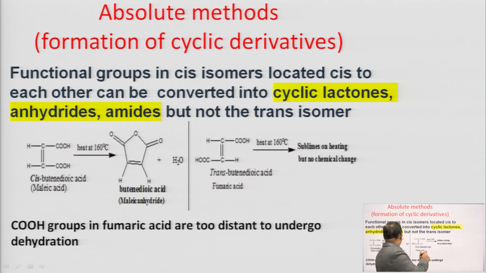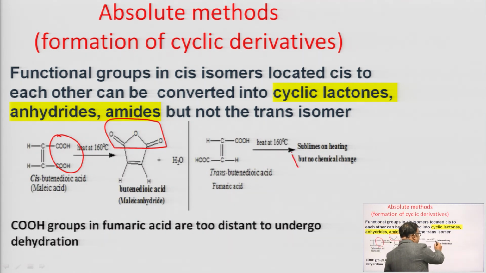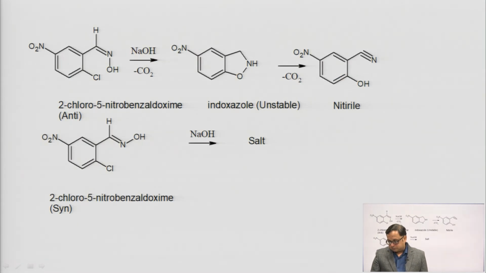It is happening due to the cis position of the functional groups. This cis position of the functional groups forces the molecule to be converted into a cyclic derivative. On the other hand, trans isomers are not easy to convert into a cyclic derivative due to the position of the functional groups.